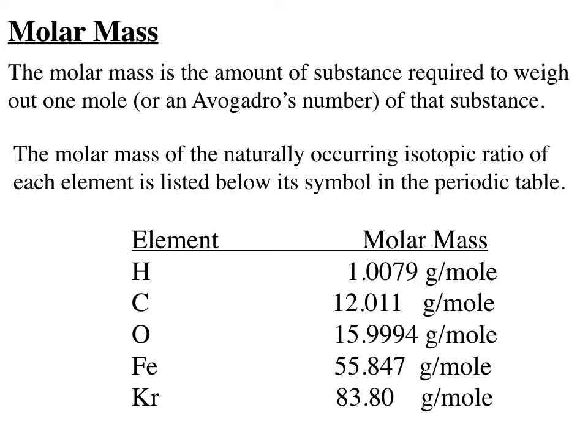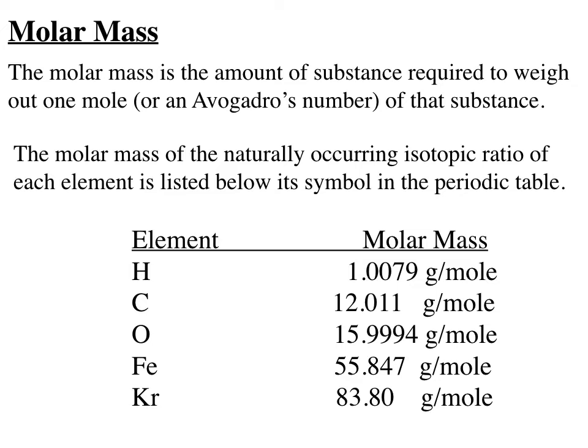And those of you that are in laboratory, I'm sure, are familiar with this. We weigh out reagents all the time to get an inference as to how many are present in the reaction. So what we have then is a conversion factor between the mass of the material and how many of them are present in that sample. And the number present is this standard bushel basket of chemistry, and that would be the mole.